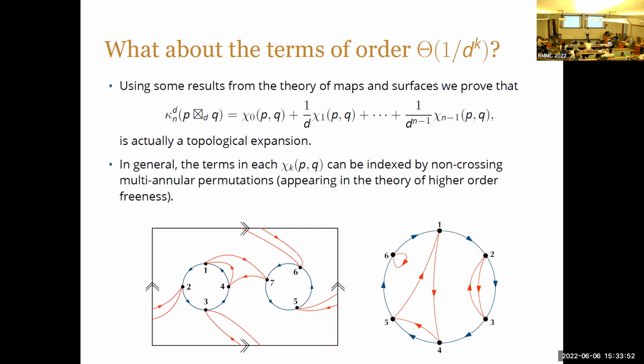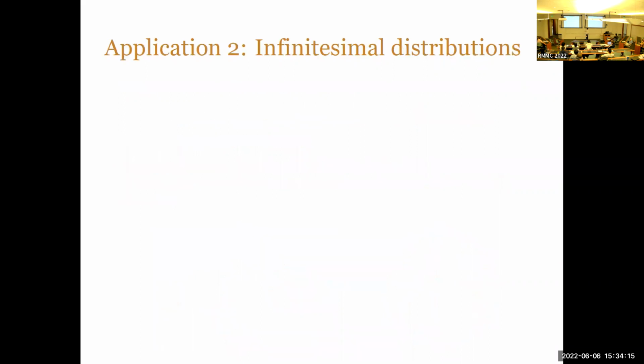So the first term only sees genus 0 and 1 disk removal. As you go down here, you see higher genera and more disk removals. This is interesting because these objects appear naturally in the theory of higher order freeness, which someone might talk about later. Okay, maybe it's better to get questions.